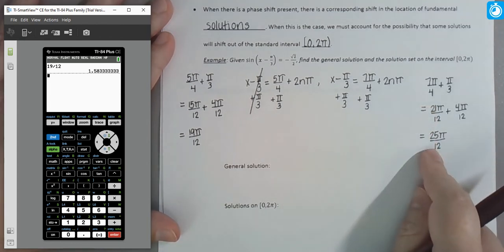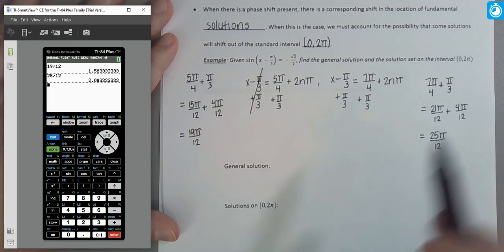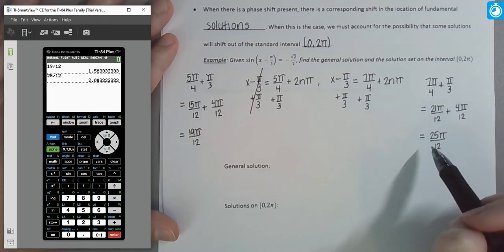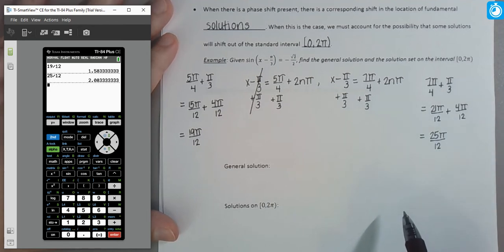But what about 25 pi over 12? Well, if we were to take 25 and divide it by 12, we get about 2.1. In other words, about 2.1 pi. Well, we only want solutions from 0 to 2 pi, and this is approximately 2.1 pi. So it is actually out of the range in which we want to consider values.